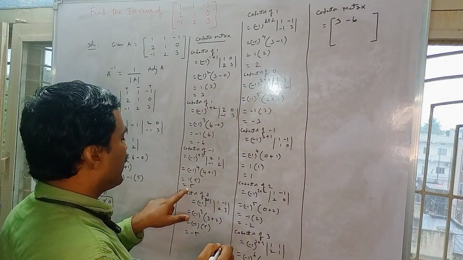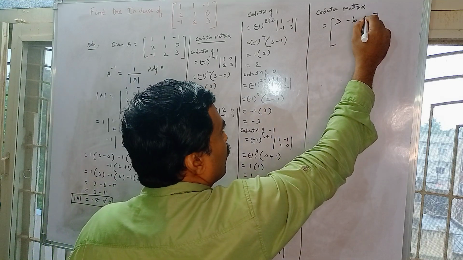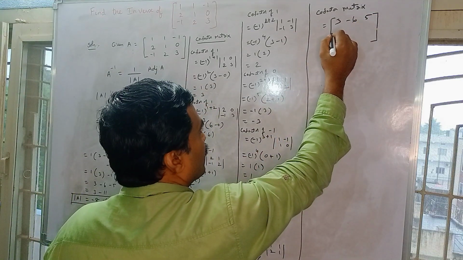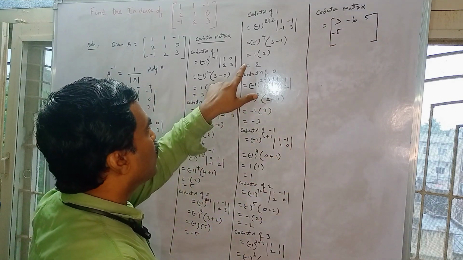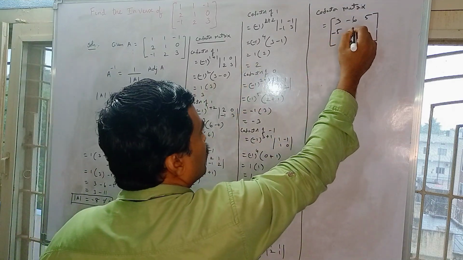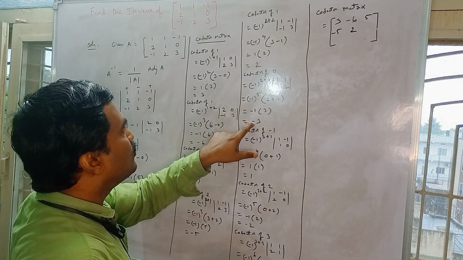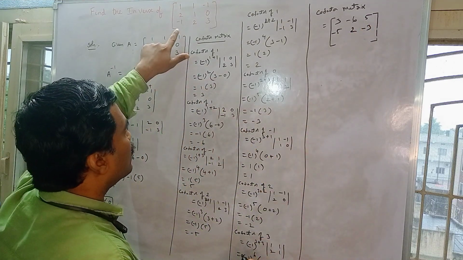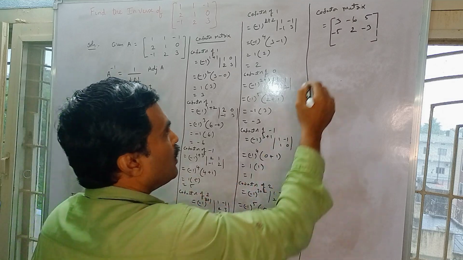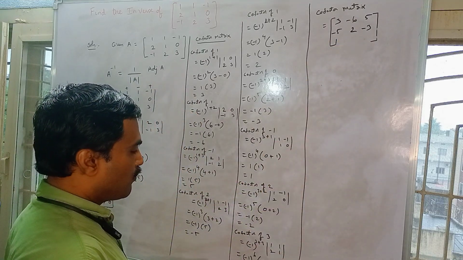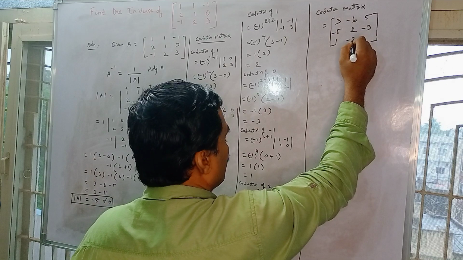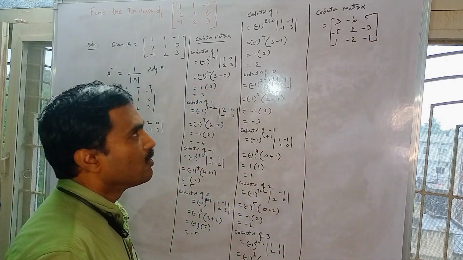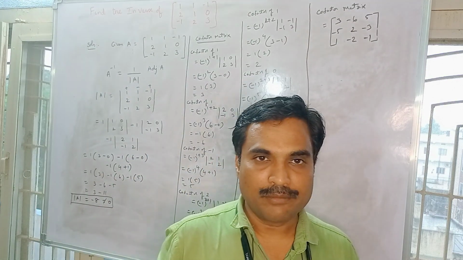Then cofactor of minus 1, you got 5. Then cofactor of 2, you got minus 5. Then cofactor of 1, you got 2. Then cofactor of 0, you got minus 3. Then last row, cofactor of minus 1, you got 1. Then cofactor of 2, you got minus 2. Then cofactor of 3, you got minus 1. So we got the cofactor matrix.